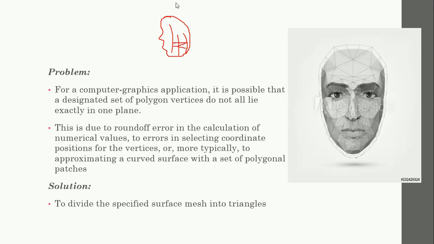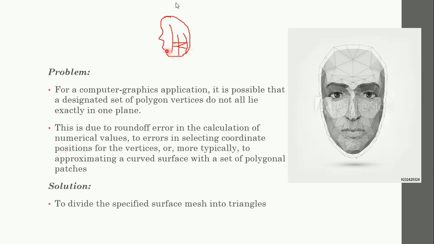For a computer graphics application, it is possible that a designated set of polygon vertices do not exactly lie in one plane. This is due to round off error in the calculation of numerical values, to errors in selecting coordinate positions for the vertices, or, more typically, to approximating a curved surface with a set of polygon patches.